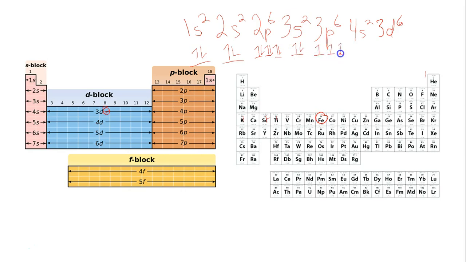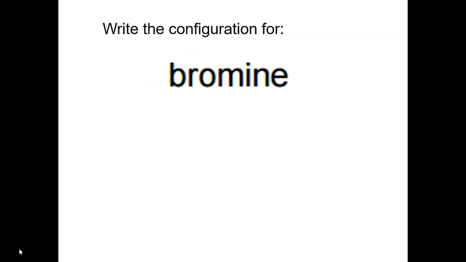Up, up, up, down, down, down. S is up, down. And D was 5 orbitals. 1, 2, 3, 4, 5. So it goes up, up, up, up, up, and then on our 6th one, we'll go right back to the first one. This will be the last one we work.